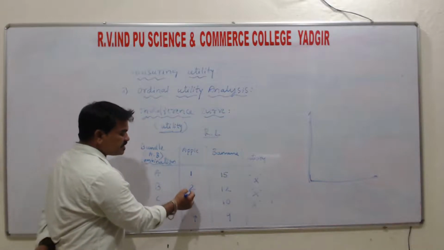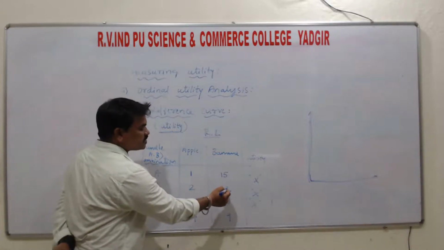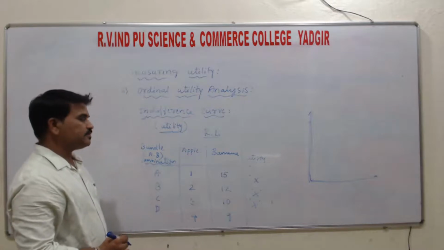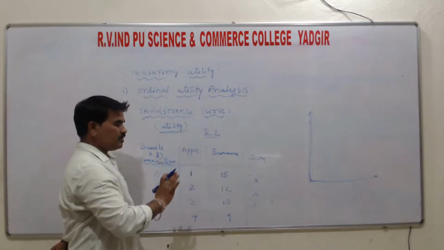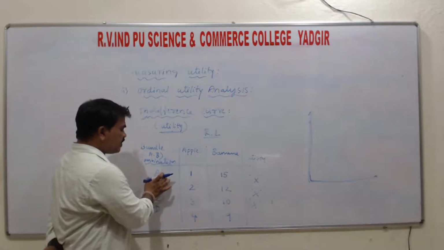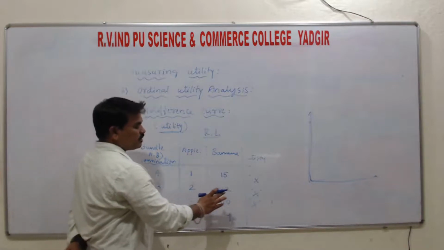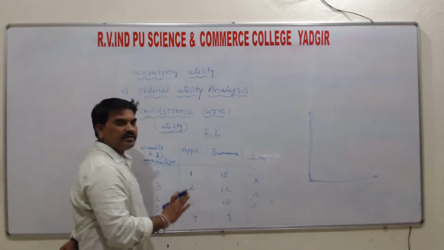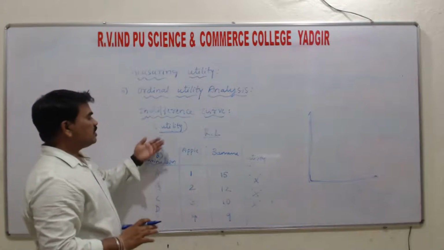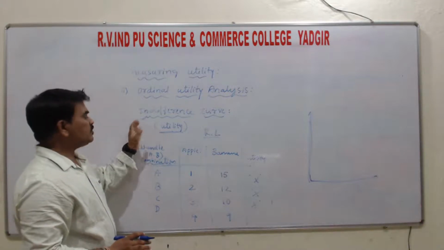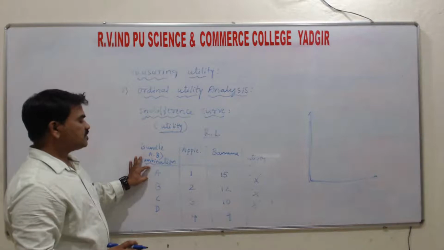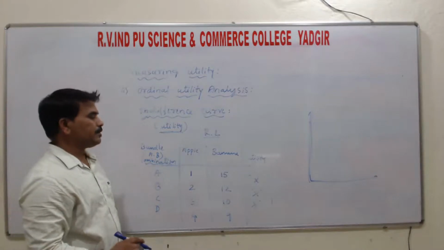If he wants to increase the apples, he needs to reduce the number of bananas because resources are limited. That is why we are trying to find out the combinations where his satisfaction level is the same. Keeping his utility the same, we find the combinations which give the same satisfaction.